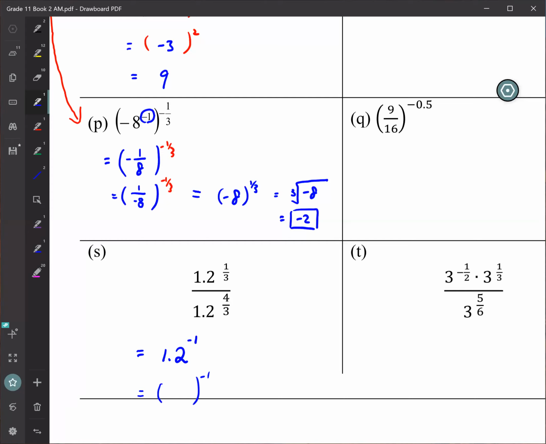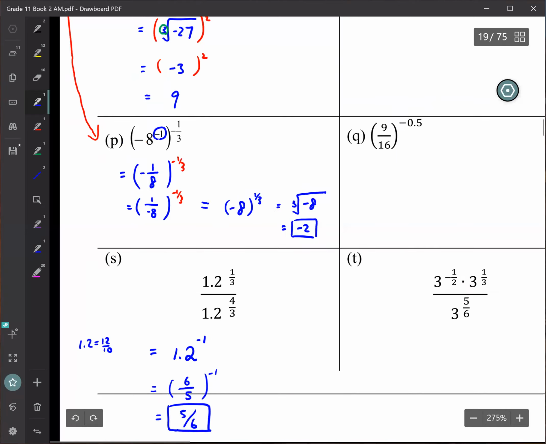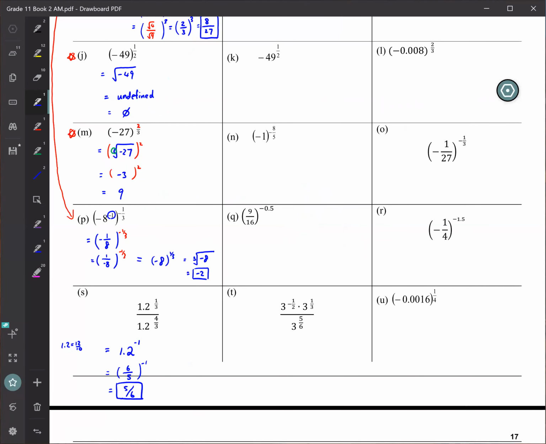Yeah, 6 over 5. Okay. So in 1.2, because it has one decimal place, you can write it as 12 over 10 and reduce from there. Okay. So that's how you can change to fraction. And because of negative, now you can flip. Okay. 5 over 6. Then that will be your answer.